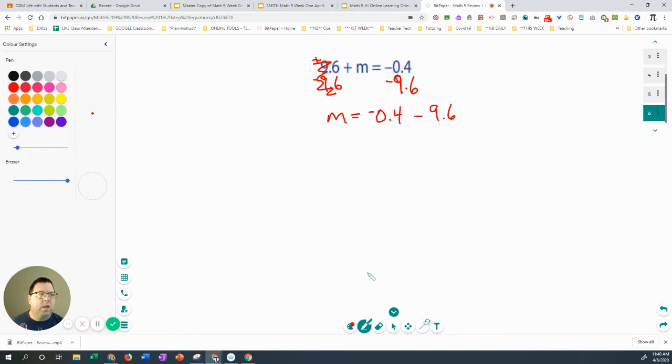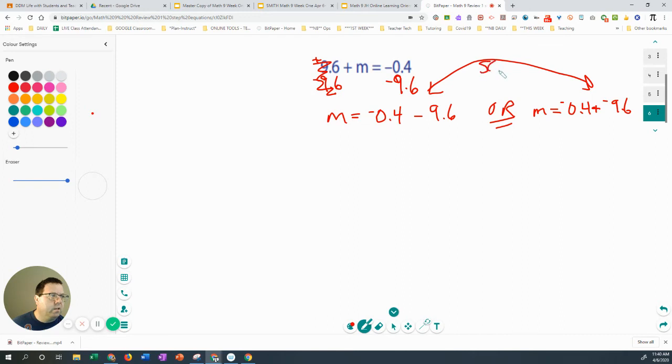9.6. Now, I'll just point out, some students would choose to read this, and it's the same thing, 0.4 plus a negative 9.6. These two interpretations are the same. In other words, if you're treating this sign over here as subtraction, then the sign on this now becomes positive.